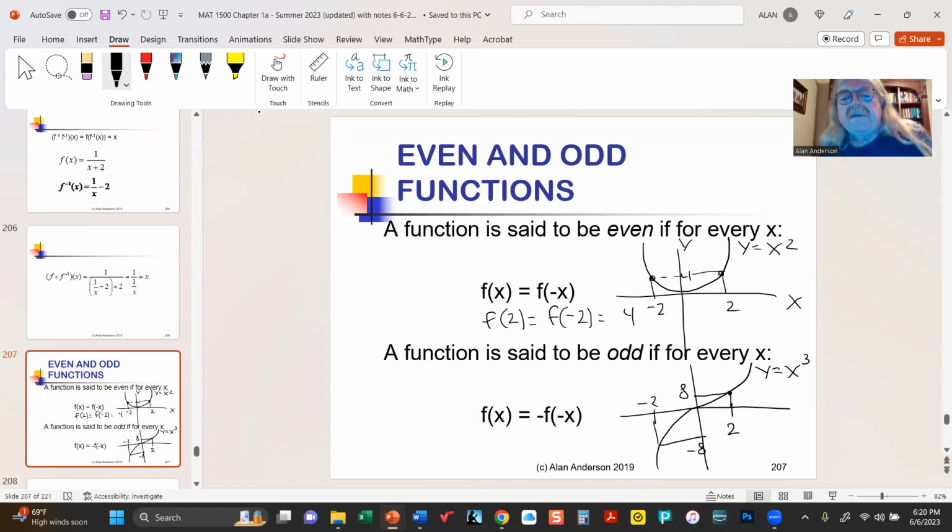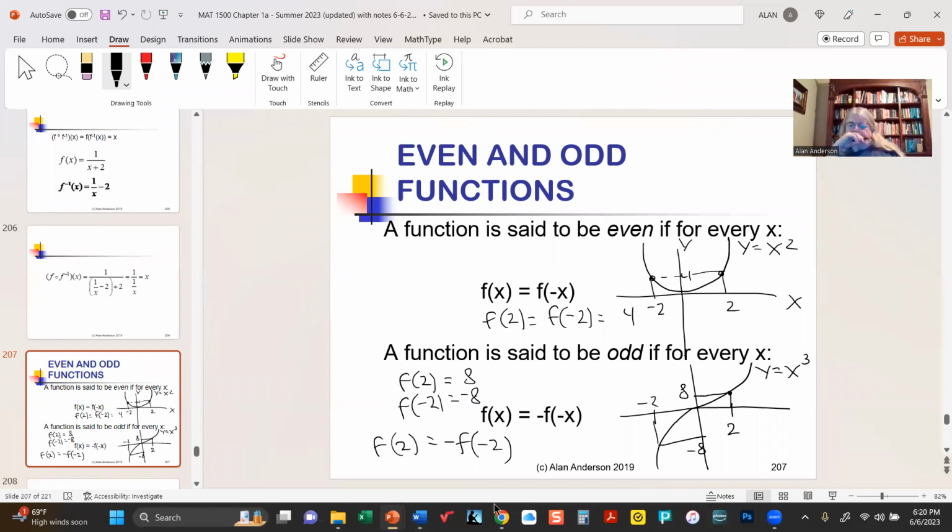So in other words, f of 2 is 8. F of negative 2 is negative 8, which means, let me write it like this, f of 2 is negative f of negative 2. And that's what it means.